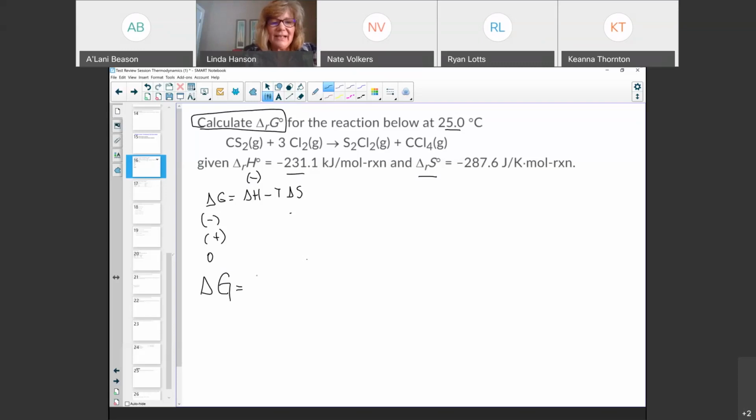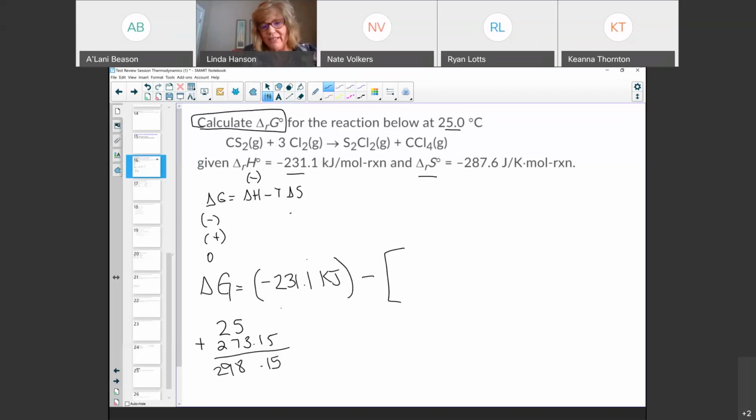I'm going to set that equal to the delta H, which is negative 231.1. Notice that's in kilojoules. Then, minus T; we're given 25 Celsius, but we need the Kelvin temperature. So we'll change that over, and that's always 298.15 at standard temperature.